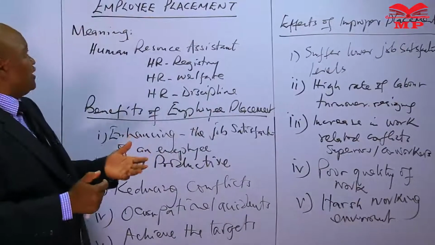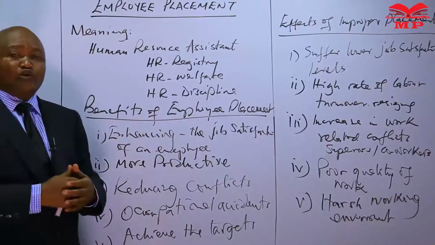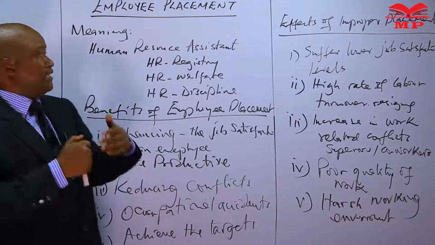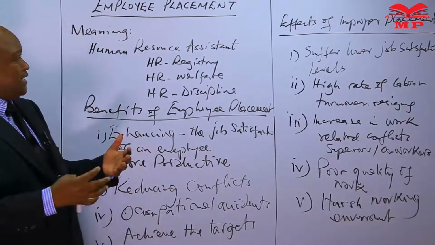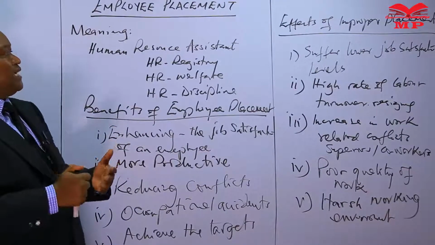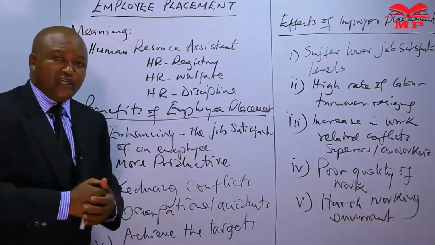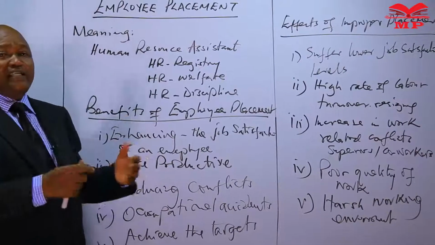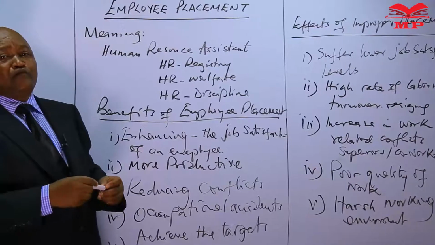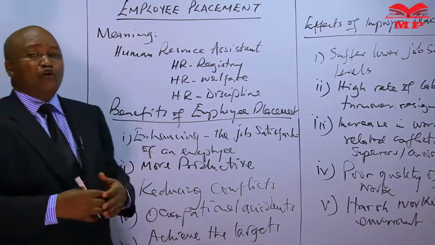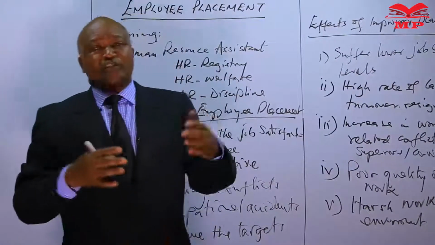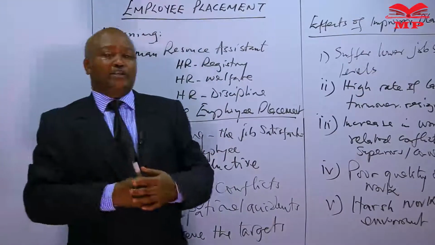And by so doing, employee placement enjoys a very critical place in the process of using employees effectively, and creating a harmonious working environment for the good of the individual and also the good of the organization to achieve both individual and organizational goals.